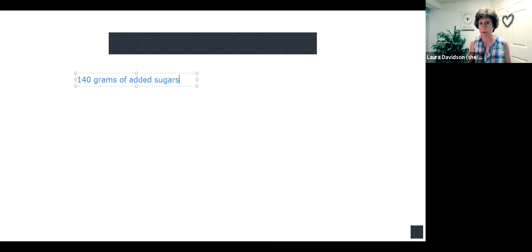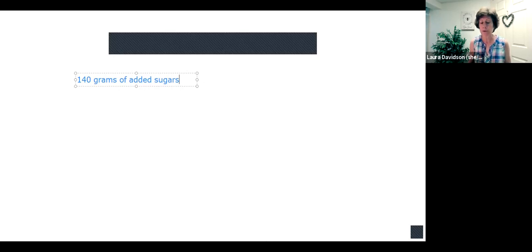So let's find out about Joe. Joe drinks 2 of these a day. 2 of these has 65 times 2 grams of added sugar. 65 times 2, so that's 130. And then Joe has another 10 grams of added sugar. So Joe's got 140 grams of added sugar, and he's consuming 2,200 calories total.